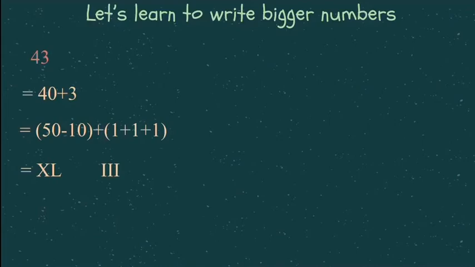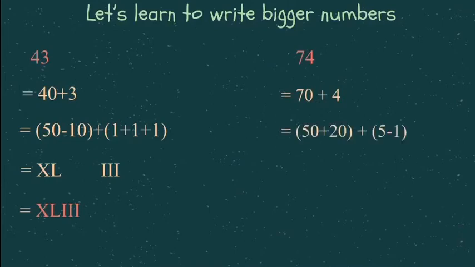The Roman number representation for number 43 will be shown. Let us take another example, 74. 74 is nothing but 70 plus 4. 70 is obtained by adding 20 to 50, and 4 can be obtained by subtracting 1 from 5.